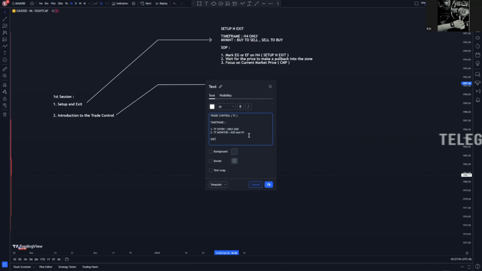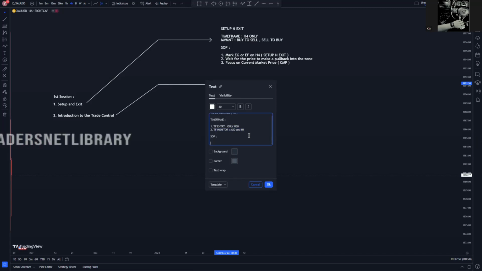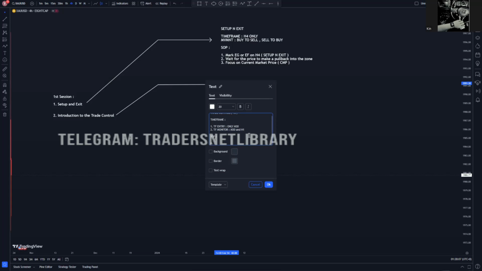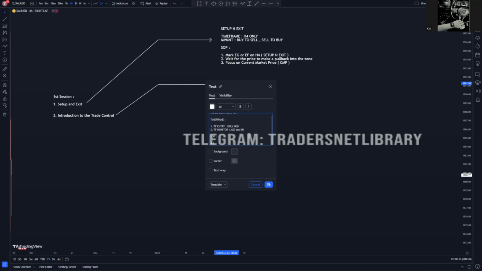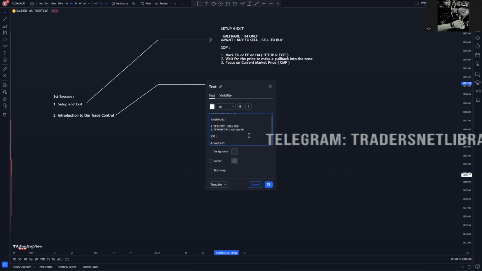After that, we're going to jump into the SOP. We're going to continue our SOP from just now, starting with number 4. After the price gets to the zone and we focus on the current market price, the next step is to switch the time frame to M30.